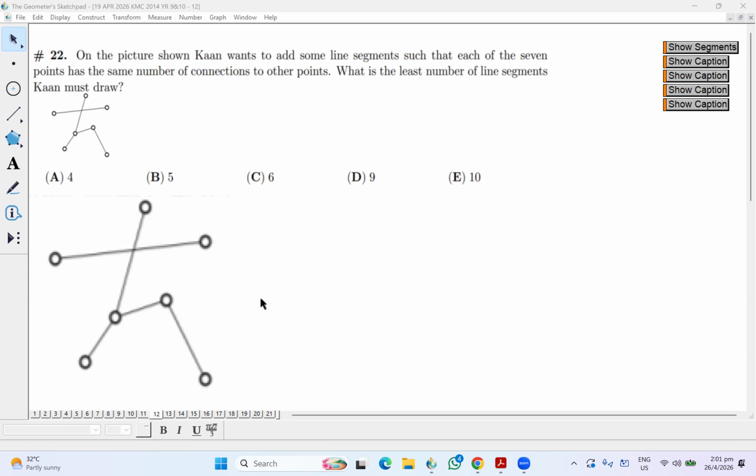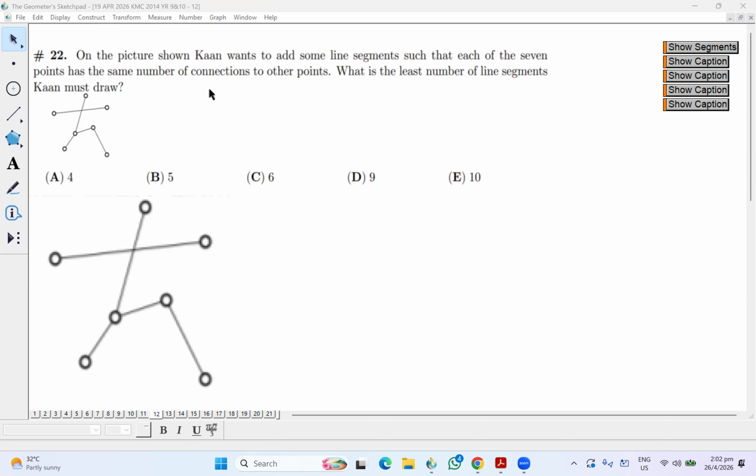You will find if every point has 3 connections, 7 points must have 21 connections. 7 times 3, 21 connections.